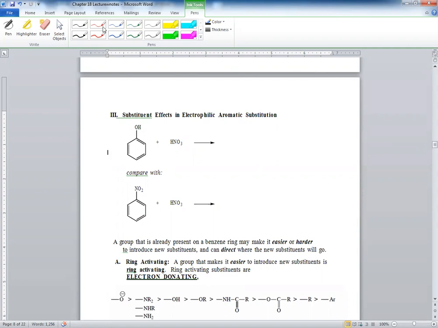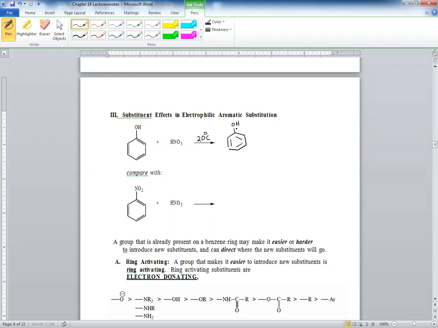If you were to react phenol, this is phenol, with nitric acid at 20 degrees Celsius, you would say, okay, well, I can add the nitro group anywhere I want, but no, you can't.